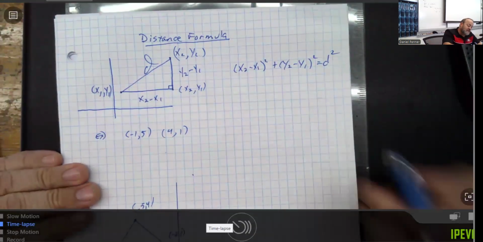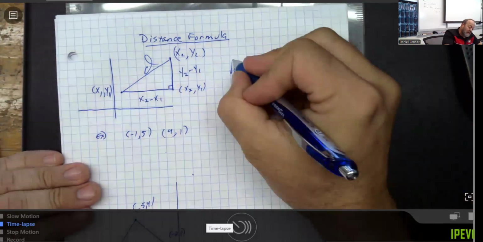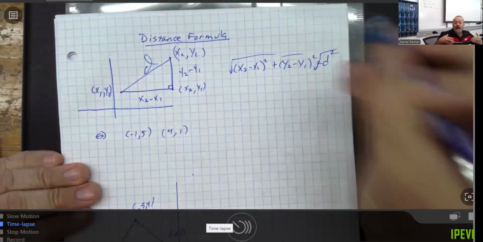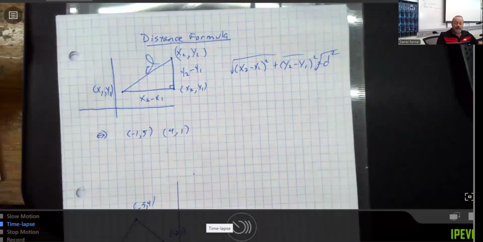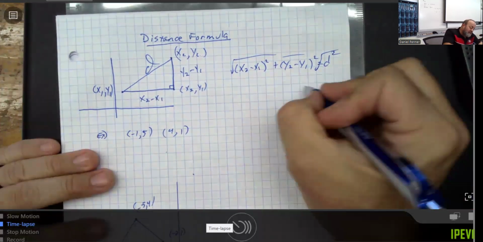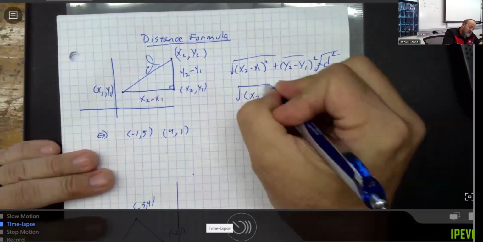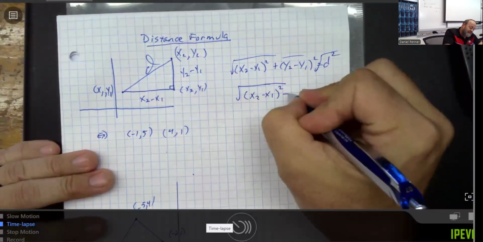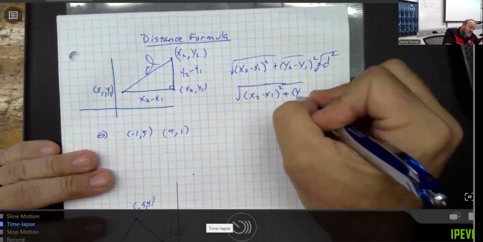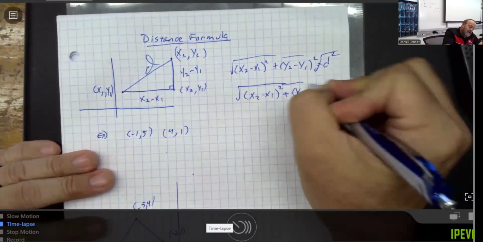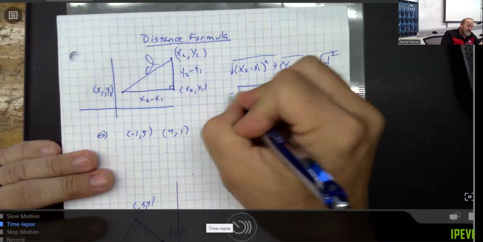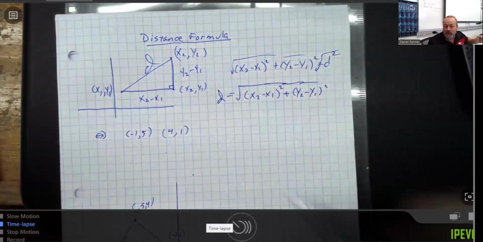Now, the only thing I need to do is take the square root of both sides because I don't want the square of the distance, I want the distance itself. So we have this thing right here: (x2 minus x1) squared, second x minus first x, plus (y2 minus y1) squared, second y minus first y. The square root of all that is the distance, and I chose to write d on the left.